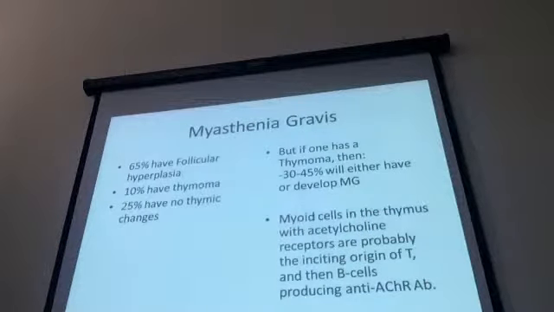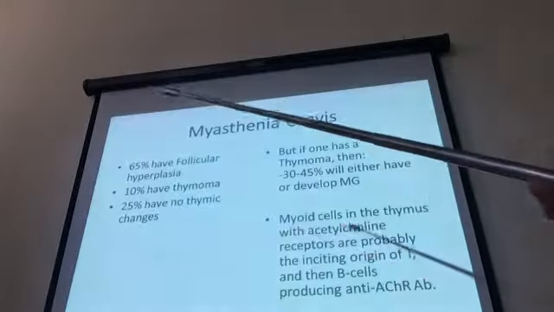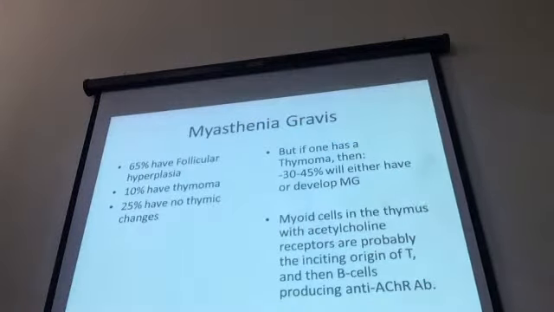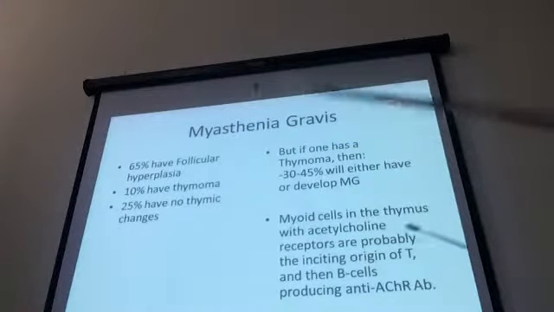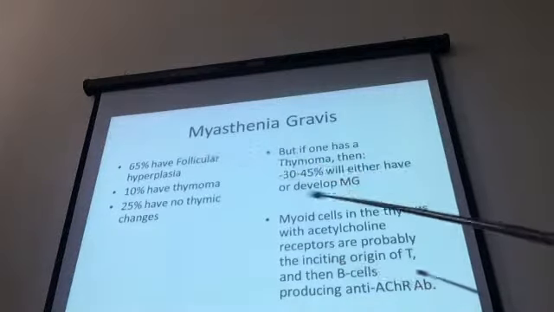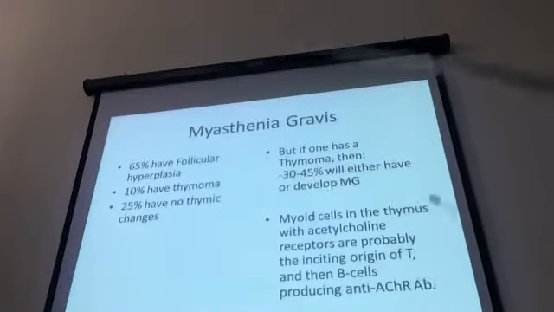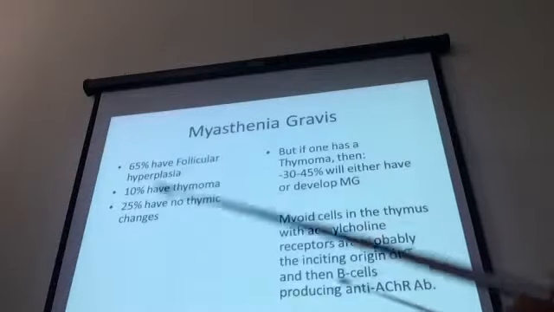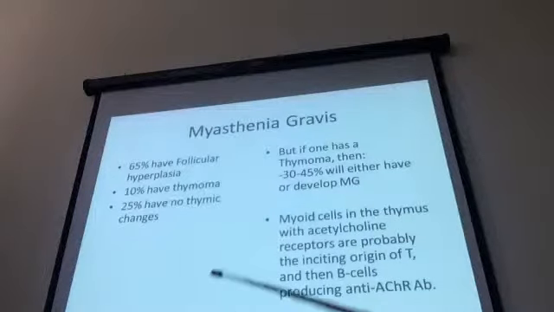Well, it is thought that there are some myoid cells within the thymus that do have acetylcholine receptors, and that somehow those receptors are then presented to the T cells to proliferate and then respond, and then B cells peripherally will produce the anti-acetylcholine receptors.